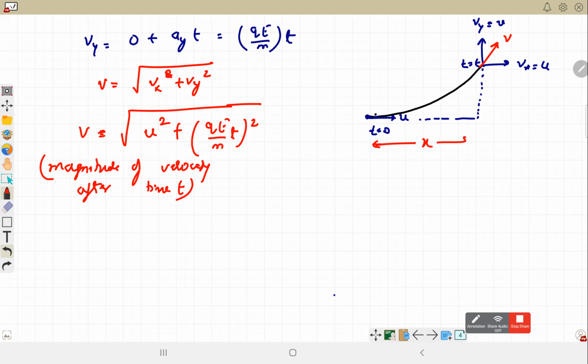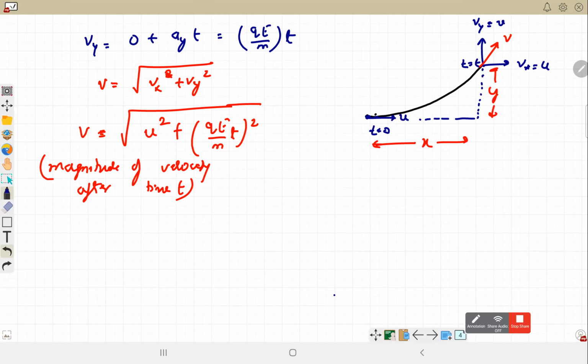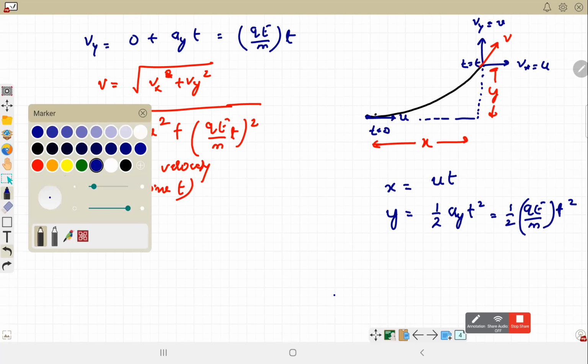इसकी y डायरेक्शन में डिस्प्लेसमेंट के लिए क्या करेंगे? मैग्नीट्यूड ऑफ डिस्प्लेसमेंट, x डायरेक्शन में डिस्प्लेसमेंट हो रहा है विद कांस्टेंट स्पीड, कांस्टेंट वेलोसिटी, सो x इक्वल्स टू ut. y डायरेक्शन में it is going with a constant acceleration, so half at square. A is qE by m into t square.